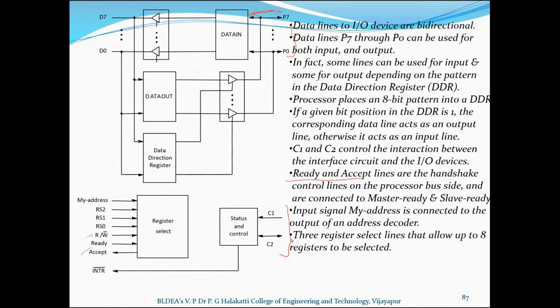The input signal, that is my address, is connected to the output of an address decoder. There are 3 select lines that allow up to 8 registers to be selected. It has an interrupt request output INTR, shown here, connected to the interrupt request line on the computer bus.